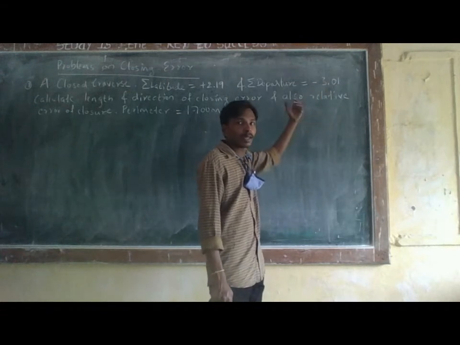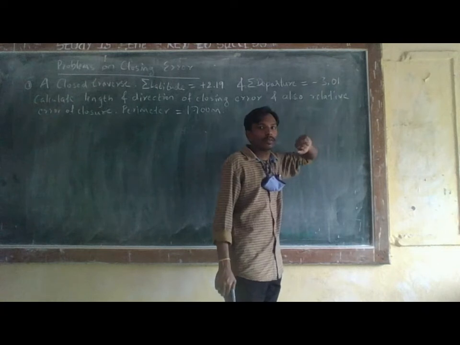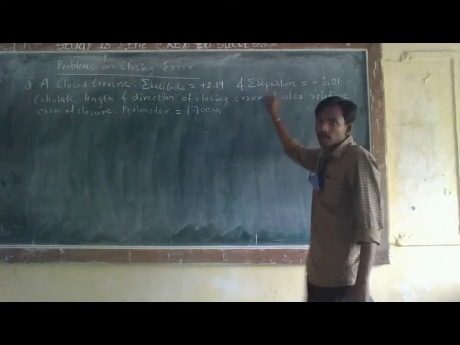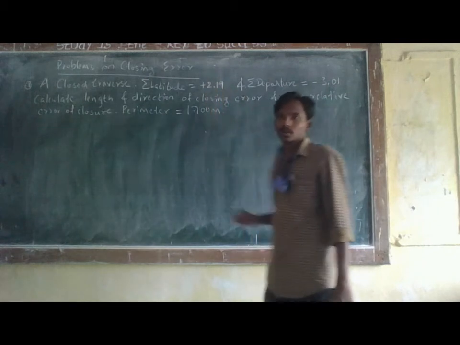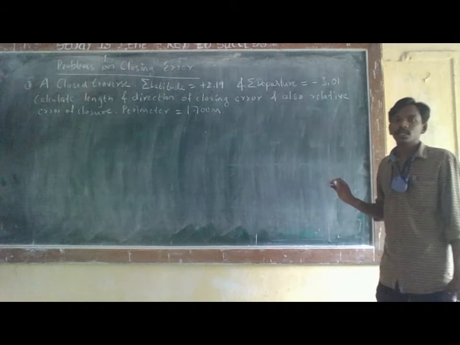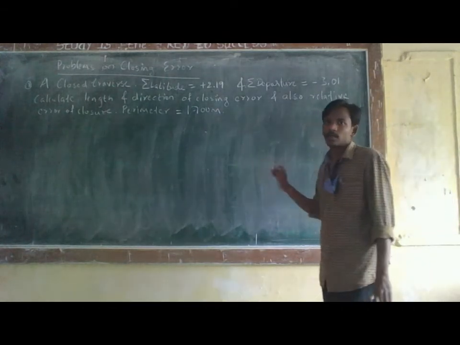But here in this question they have given minus 3.01, which means it has error in both departure and latitude. So the given traverse has some error.